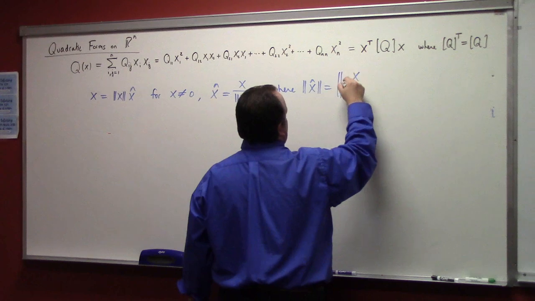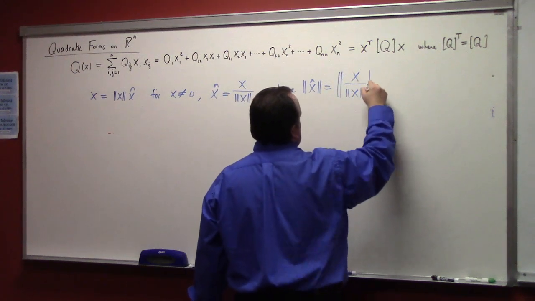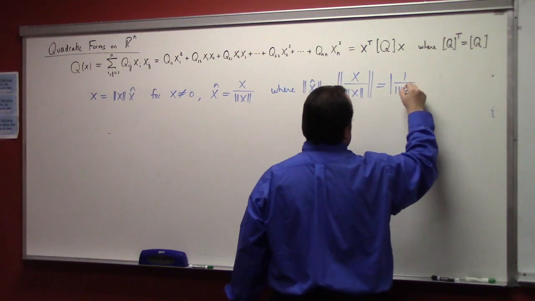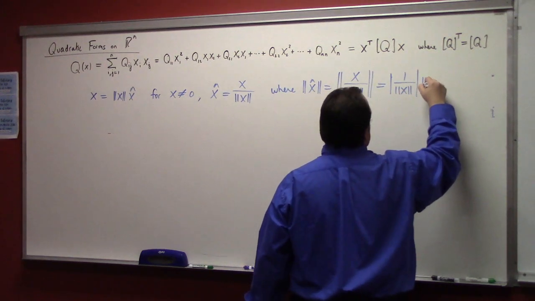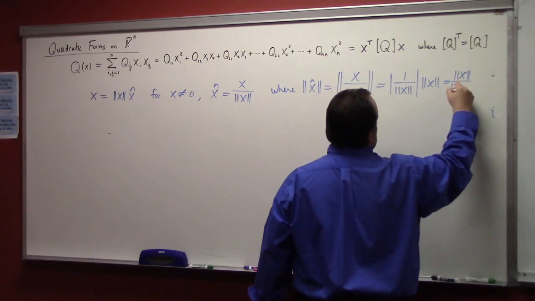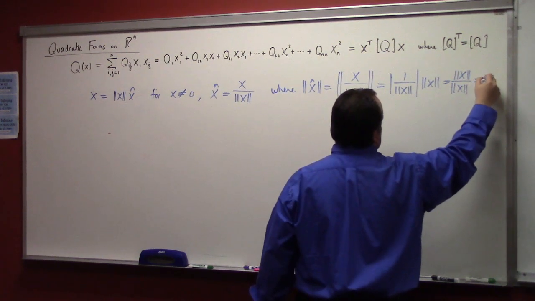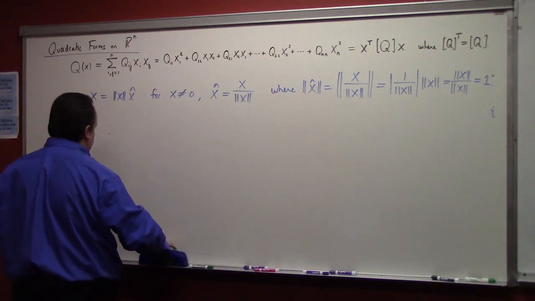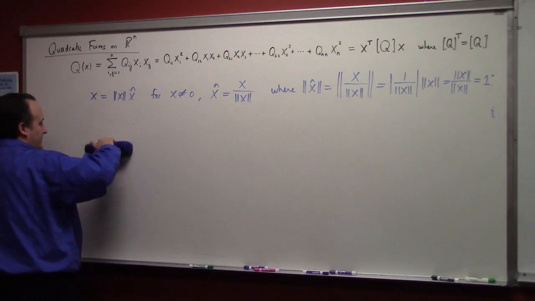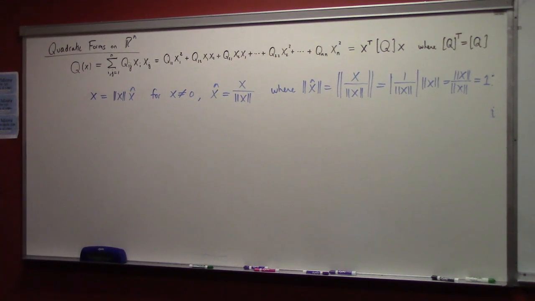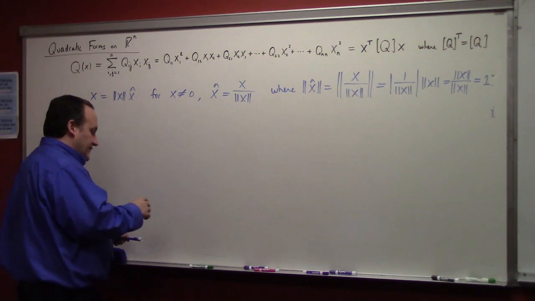Length of x over the length of x, which is, by properties of the norm, the absolute value of 1 over the norm of x times the norm of x, also known as norm of x over norm of x, also known as 1, assuming, of course, x is not equal to 0. Any vector in n dimensions can be written as the product of a magnitude times the direction, where we can take the direction to be a unit vector. Okay, great. So then what?